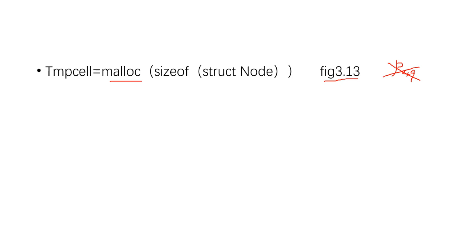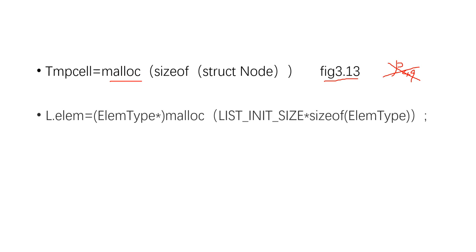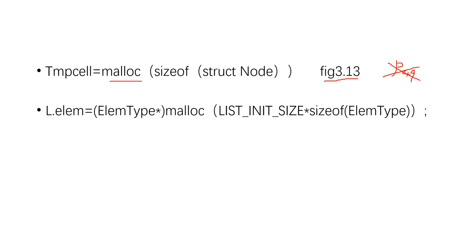And if you change to another textbook, for example, the textbook for the Chinese students about data structures, the sentence becomes: the L point element equals to the element type star, then malloc, then the initialized size, multiplied by the size of element type.